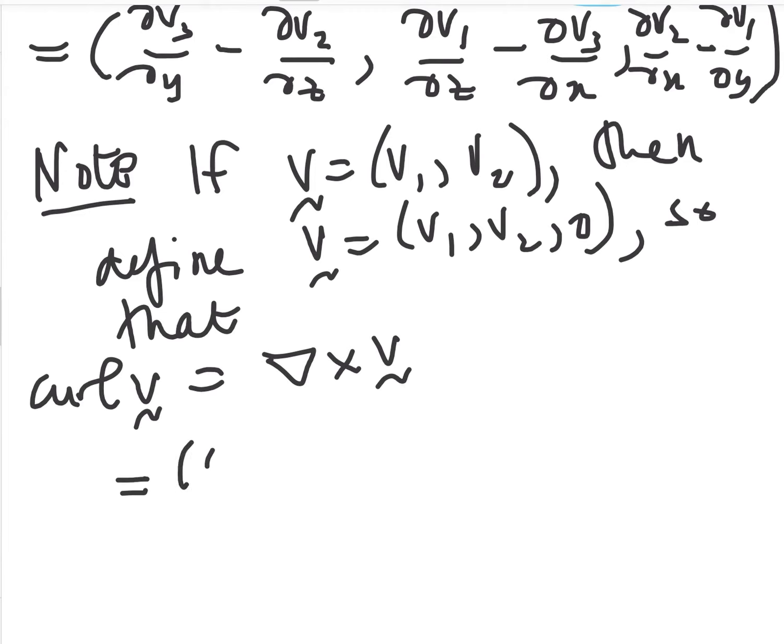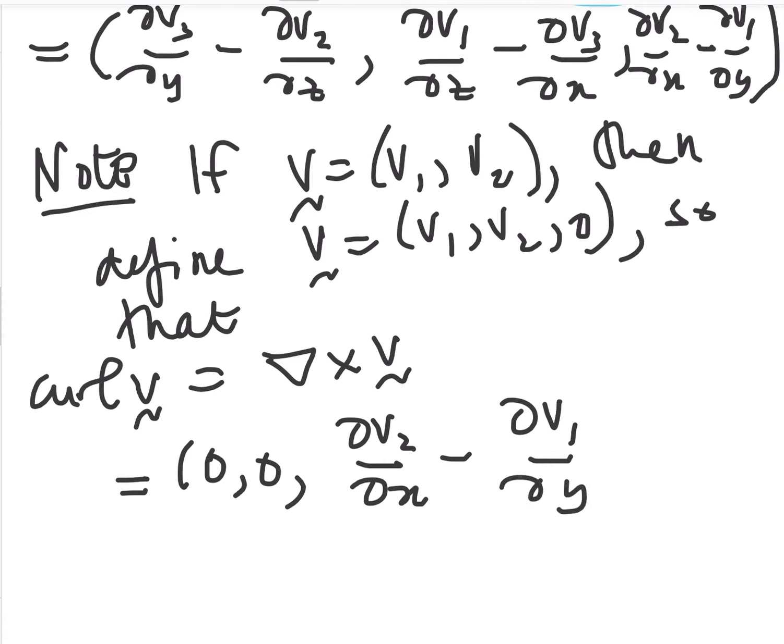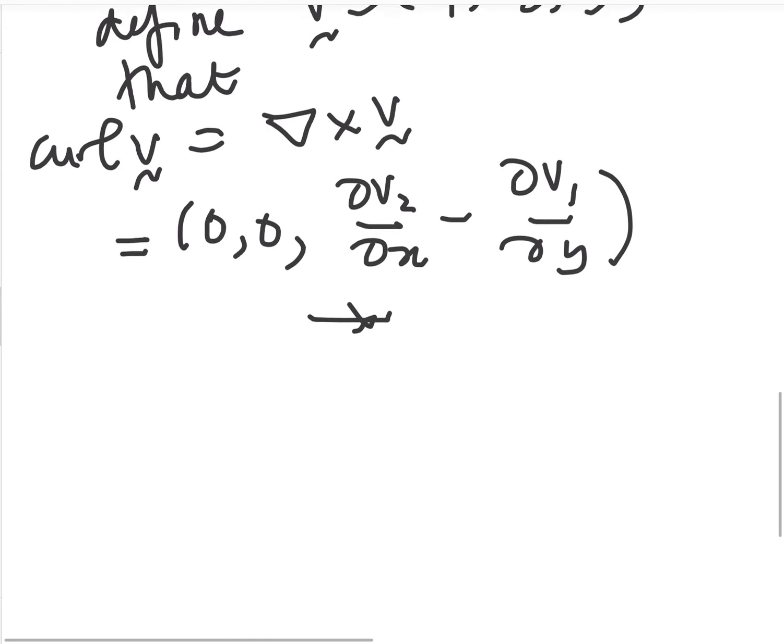So this is always the case: 0, 0, and in the third component we have the derivative of V2 with respect to x minus the derivative of V1 with respect to y. So we had the del, we had the div, and we have the curl. Unlike the first 2, the curl operates on a vector to give you a vector.